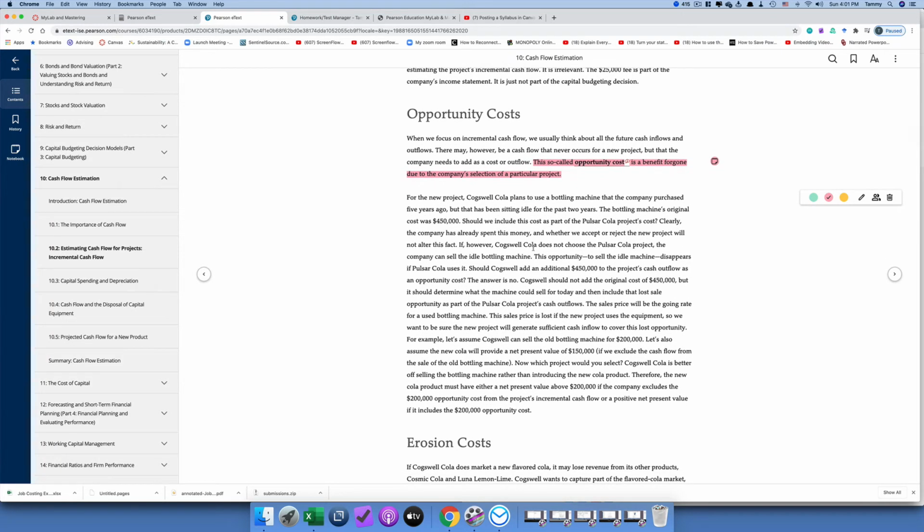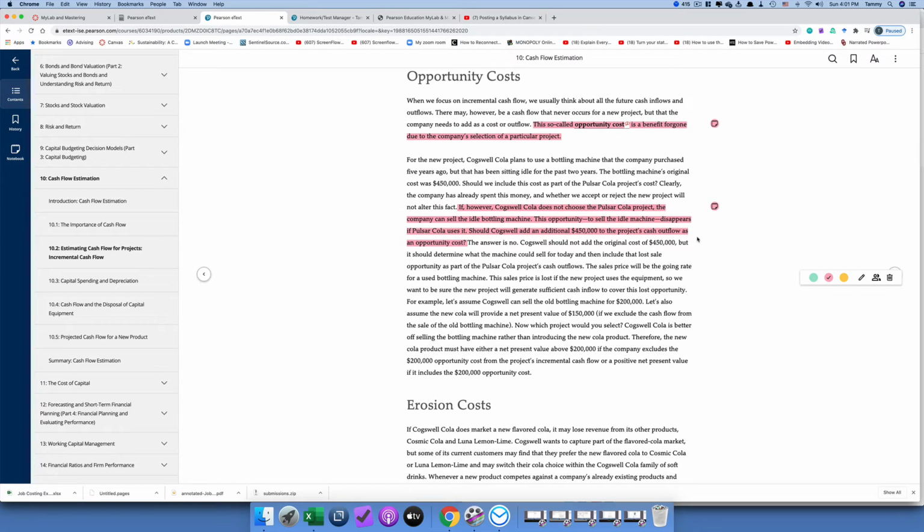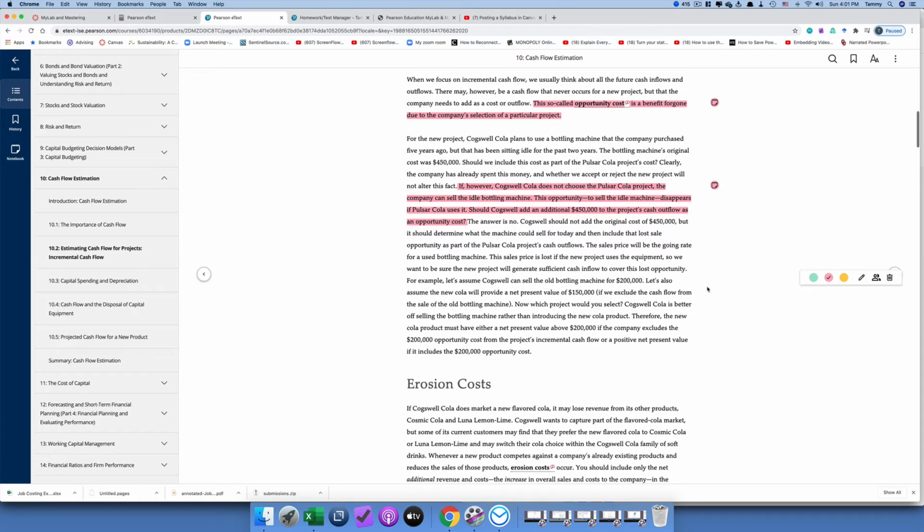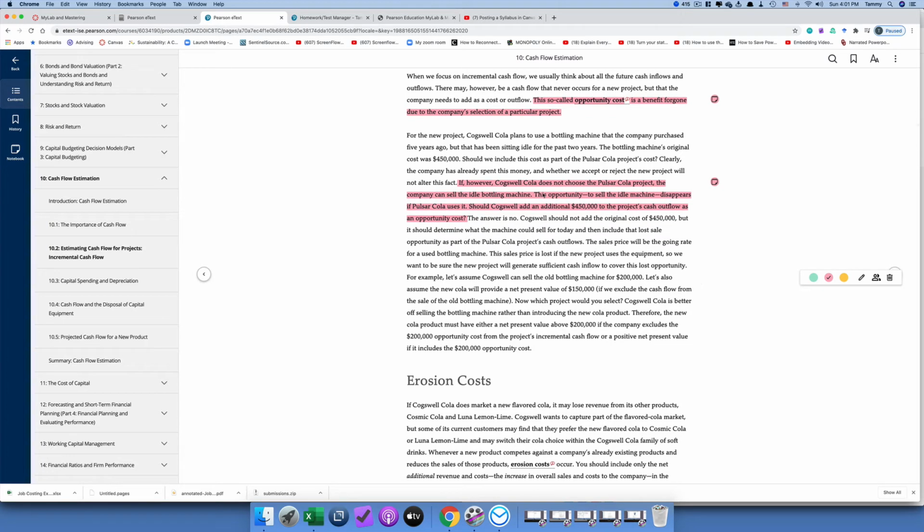But if they could sell that machine, okay, the opportunity disappears if they go ahead and use the machine. So the cost of this project has something to do with the potential sale of that machine. But the thing is, right, that 450 number isn't the right number. Let's say that they could sell the old bottling machine now for 200,000.